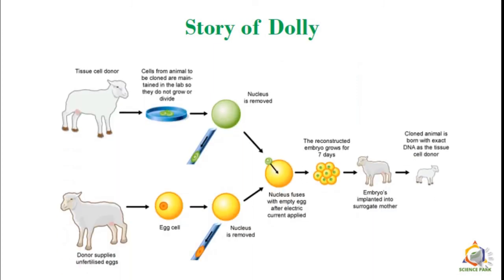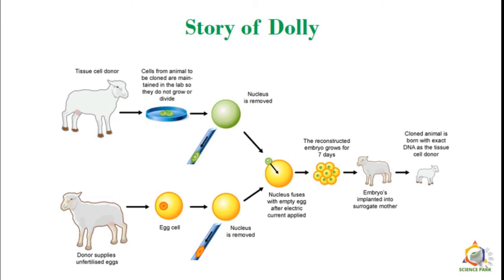For that, you can see in the diagram, there are two donors. From one sheep, mammary gland cells were collected, and from these cells the nucleus was removed. From another sheep, unfertilized eggs were collected and the nucleus was removed.